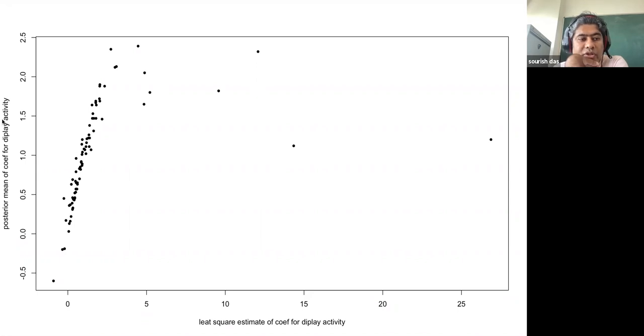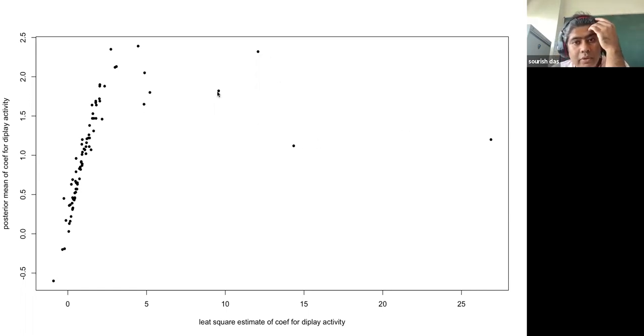You see the coefficient for display activity is somewhere in the range of -0.5 to 2.5, as discussed. First of all, there were two stores for which we cannot even estimate the display activity. And then there are some stores for which the coefficients are very unreliable: 1, 2, 3, 4, four stores for which display activity is very unreliable.